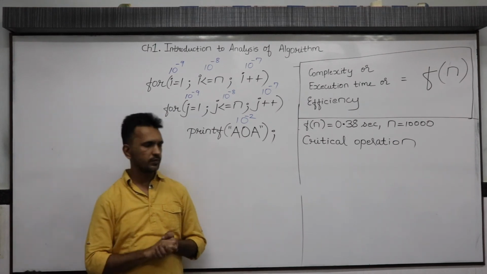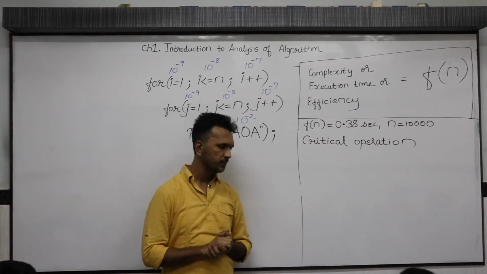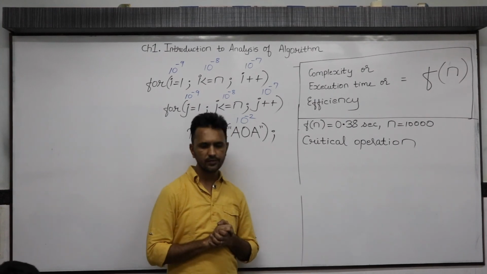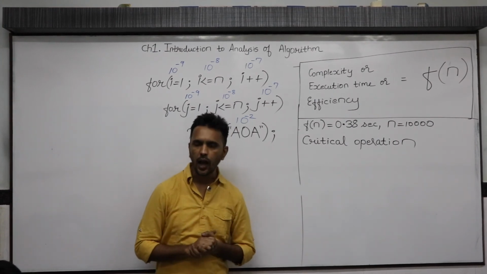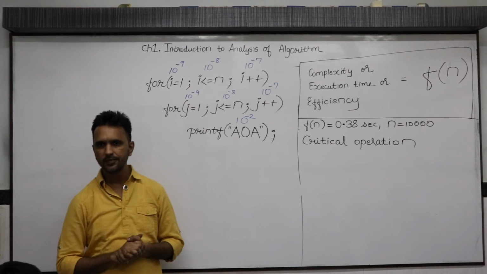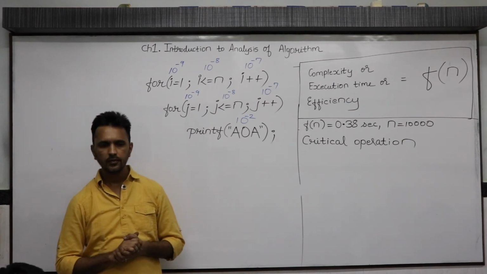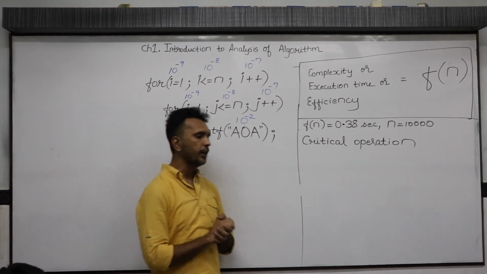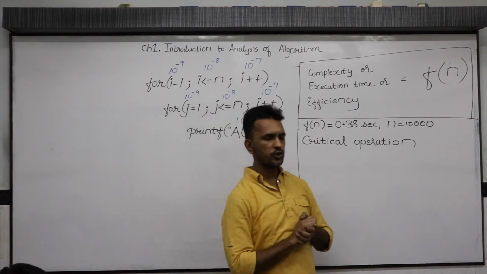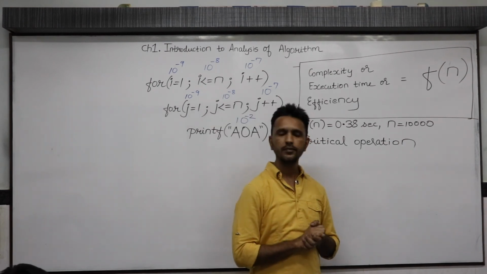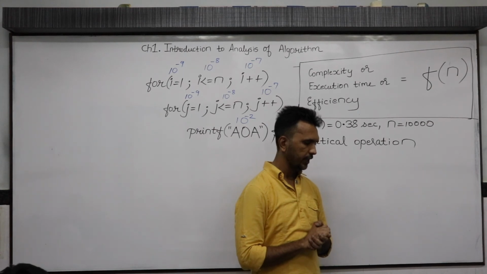Number 2: count how many times the critical operation executes in terms of n.